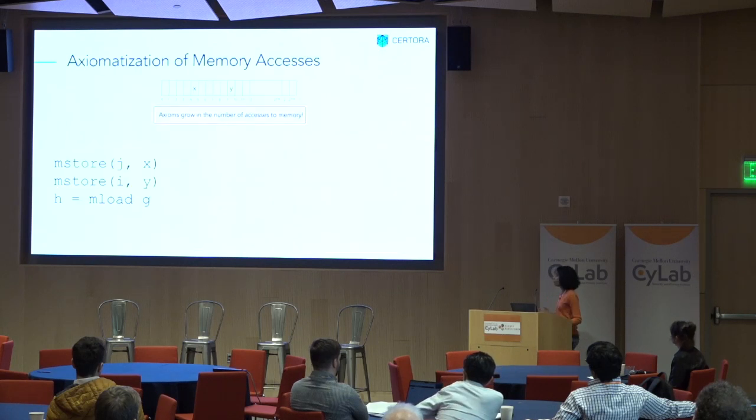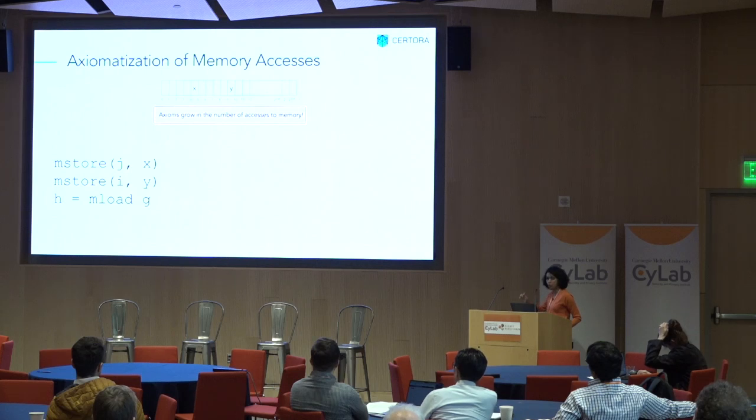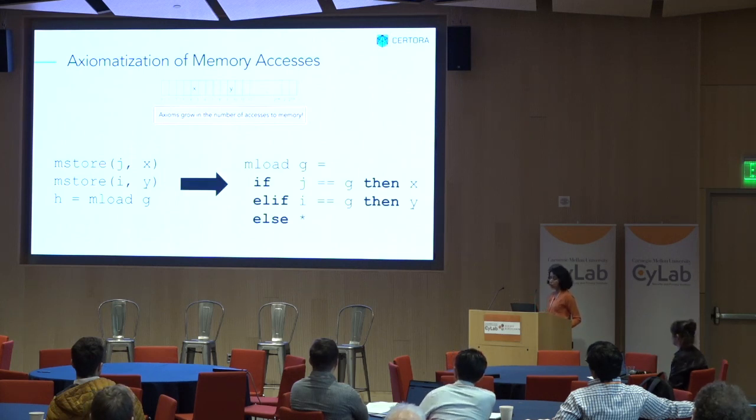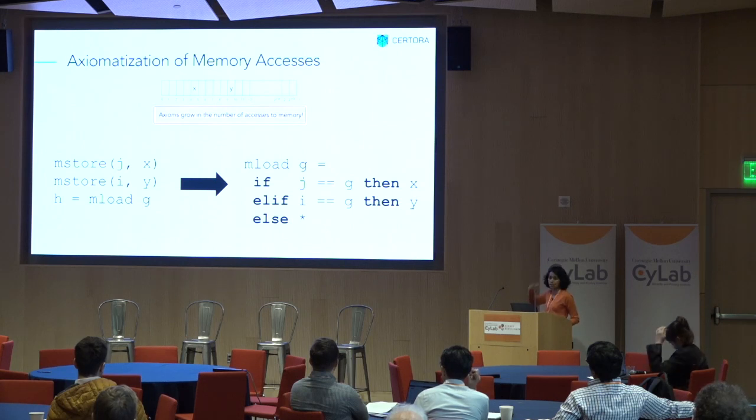To give you a very small example, let's say you have an mstore operation that stores the value X at index J, and you also store the value Y at index I, and then you load the value from some index G. If you want to convert this into axioms, first you check if J is equal to G, then you give X. If I is equal to G, then you give Y. Otherwise, whatever used to be there before.